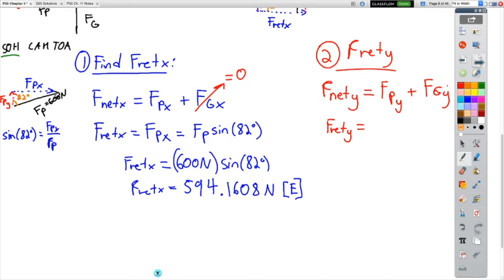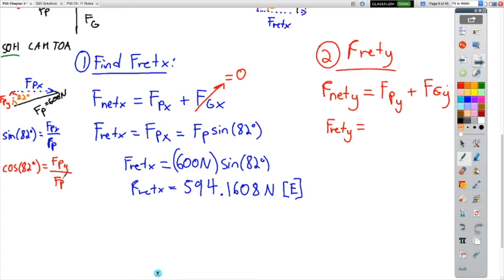So adjacent and hypotenuse, what's my trig ratio? Out of SOHCAHTOA, I want adjacent, I've got hypotenuse. So that would be cos, right? So cos of 82 degrees equals adjacent, Phil's y component, over his total force, right?